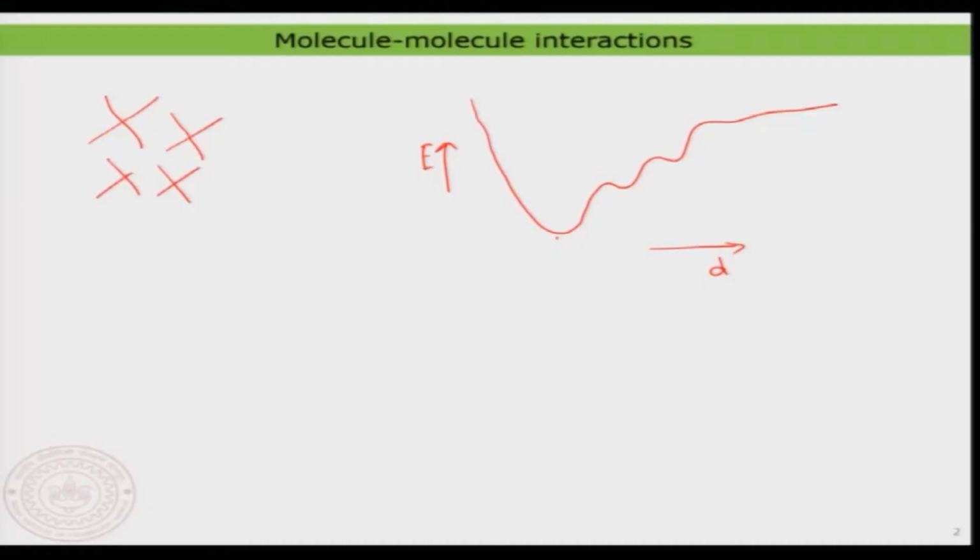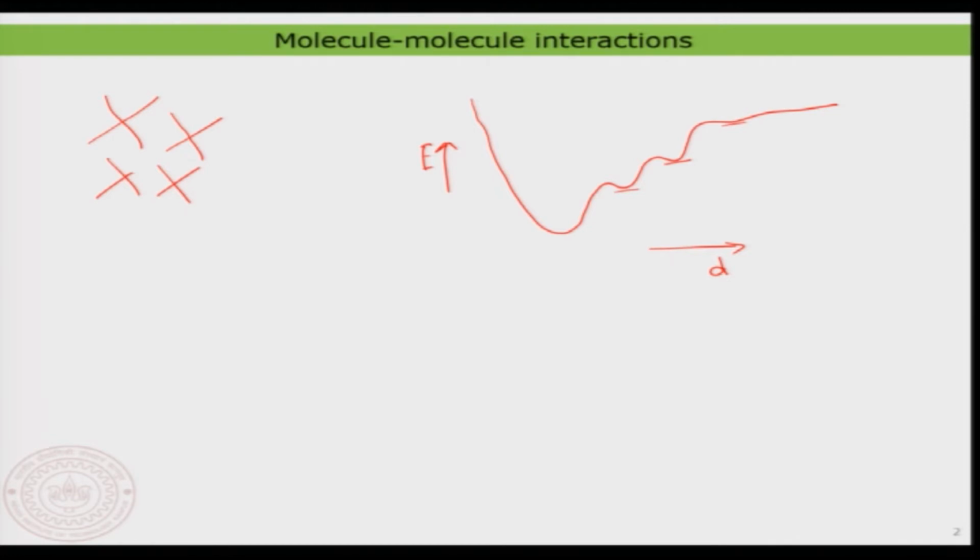In the previous class we already discussed that there may be one global minimum, which is an absolute most stable, thermodynamically favorable product, but in between you can also have additional local minimas, which are also possible types of Adlayer assembly that you can expect.